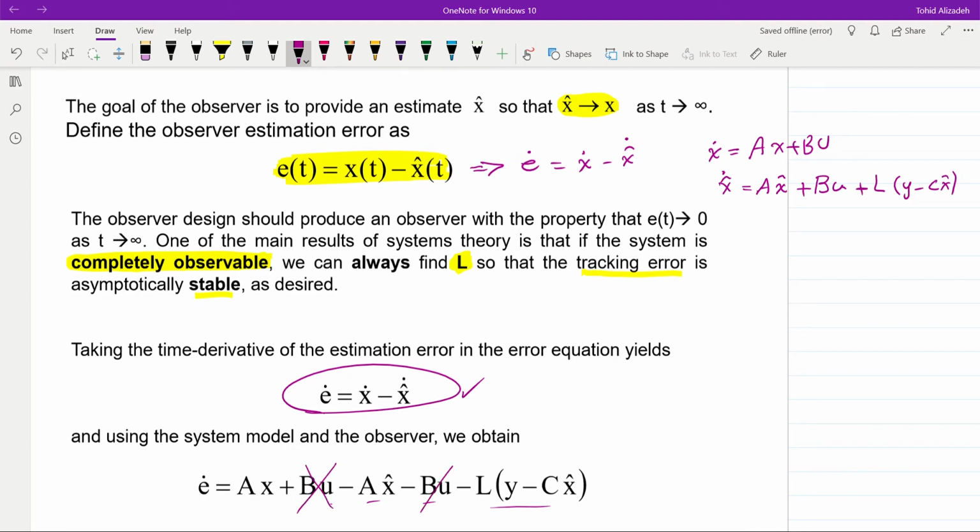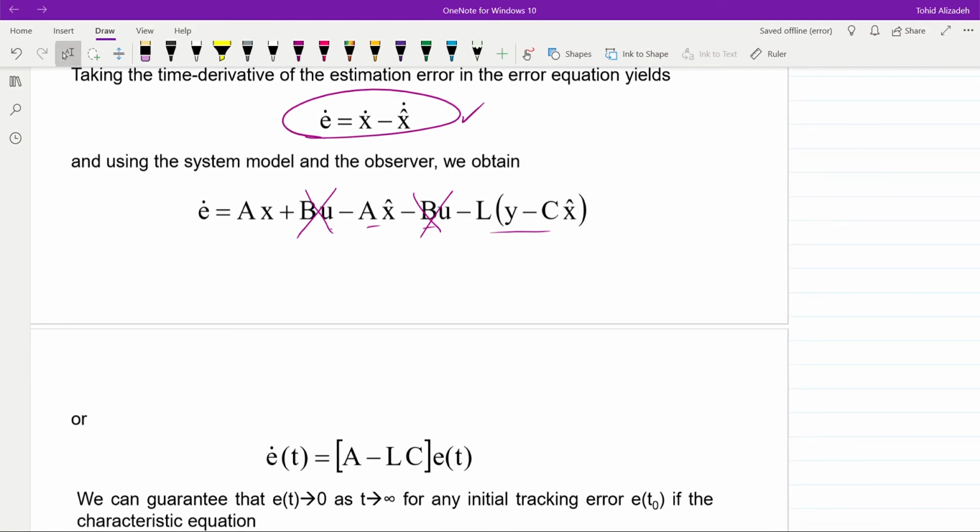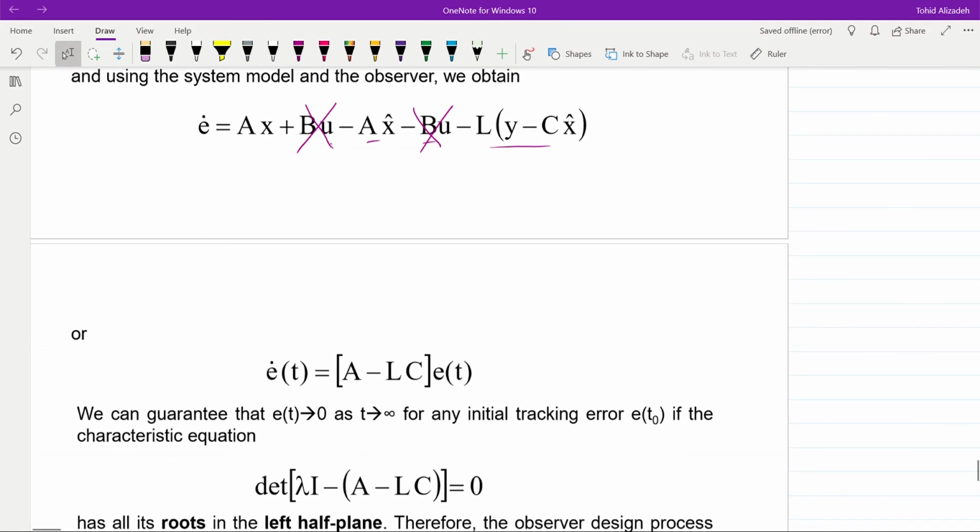And then we will have e dot equal to A times x minus x hat minus L times Cx minus C x hat, which could be rewritten in the form of A times x minus x hat minus L C times x minus x hat.